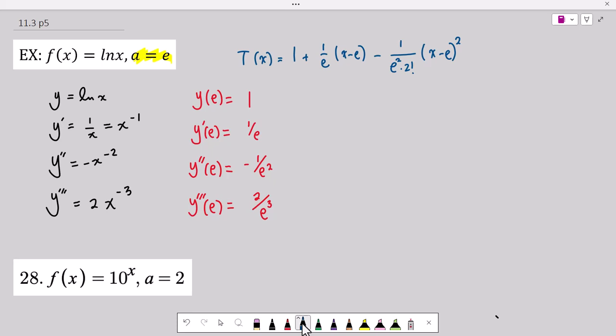Hopefully this pattern is seeming pretty straightforward by now. Then we're going to go plus 2 divided by e raised to the 3rd power multiplied by 3 factorial times x minus e to the 3 plus dot, dot, dot. It's a series.